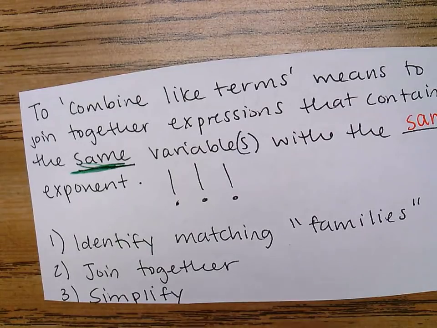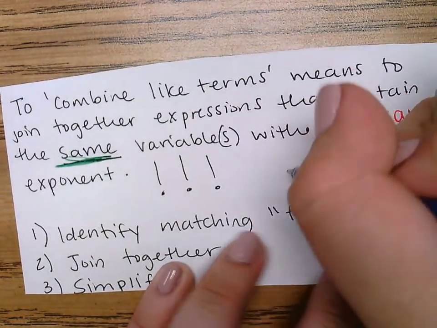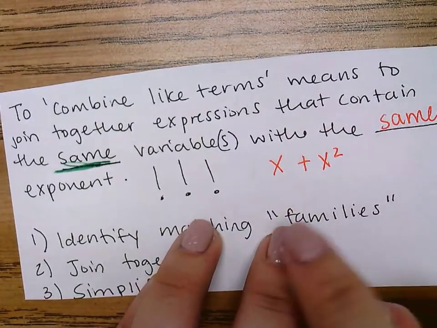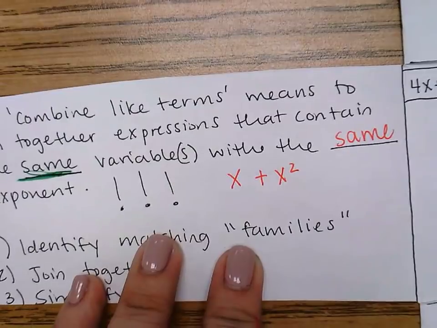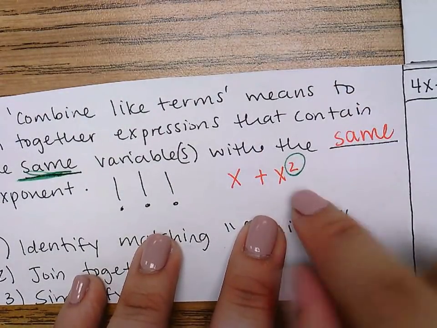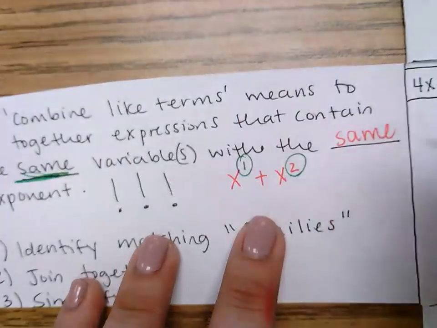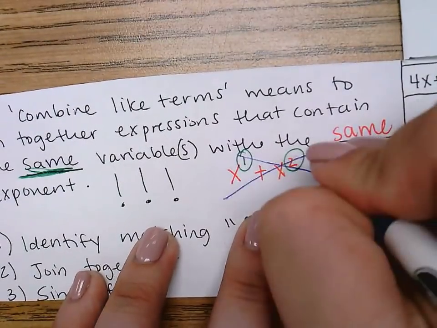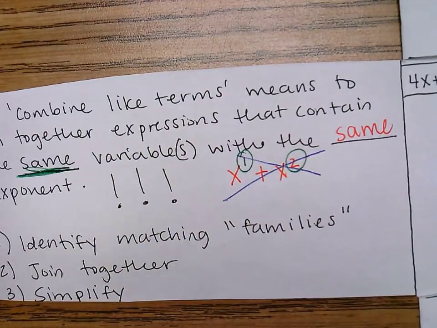You cannot join together x with x squared, because although they are the same variable, they do not have the same exponent, right? Your exponent's right here. This one is a 2. This one is a 1. So you cannot join these two together.